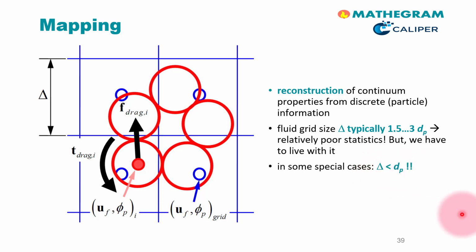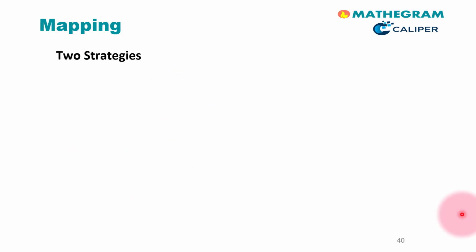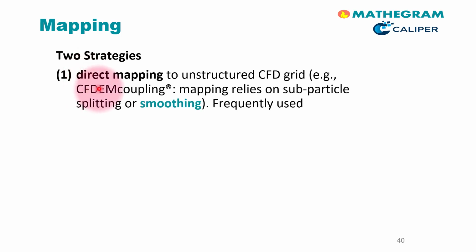In order to achieve this, two strategies exist. The first one is a direct mapping to the CFD grid, which is often unstructured, i.e. it consists of a set of arbitrary polyhedra.